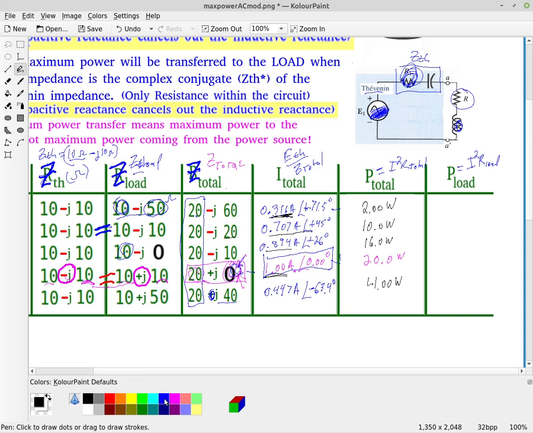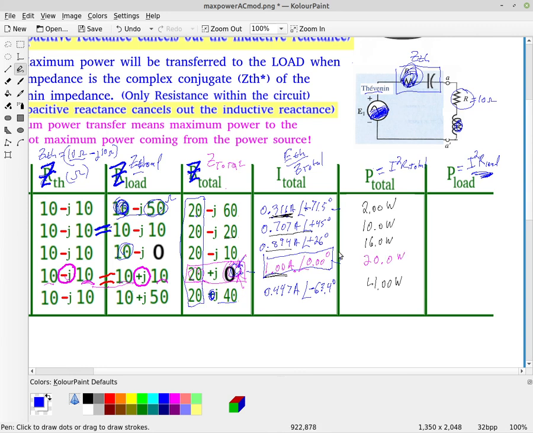All right, so now let's take a look at just the load power. The load power is your current squared times just the load resistance. And remember, the load resistance was simply 10 ohms. We didn't change the load resistance. That was 10 ohms the entire time.